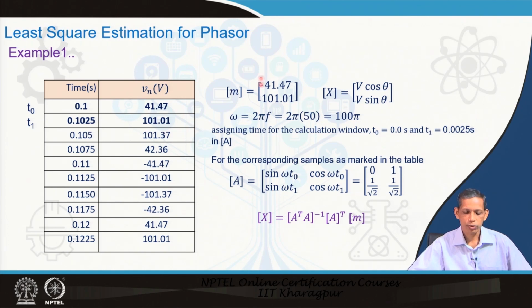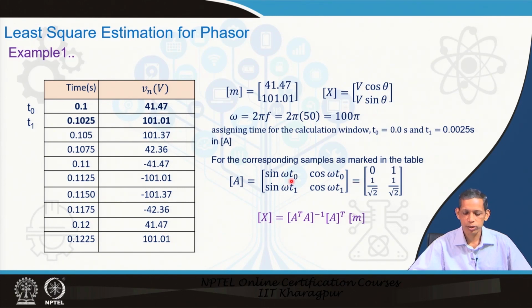So, we have the measurements V0 and V1, and x are V cos theta and V sin theta, and we know omega is 2 pi f; we have considered a 50 Hz system for the phasor estimation, so this is 100 pi. Therefore, you can find the corresponding A matrix, which is nothing but sin omega T0, cos omega T0, and sin omega T1, cos omega T1.